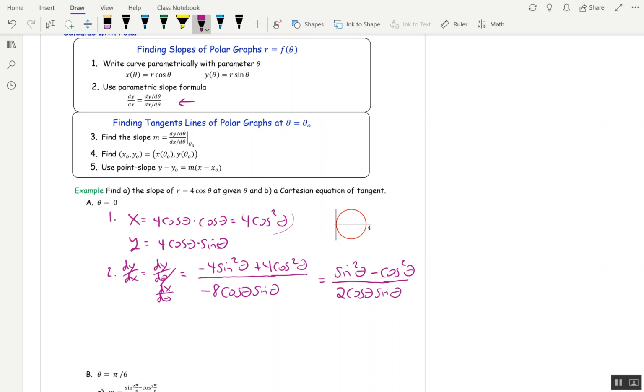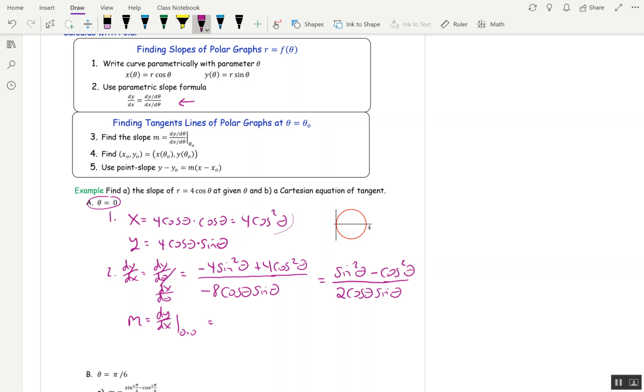If we want a tangent line at theta equals 0, then we're going to need the slope at theta equals 0. So we want dy/dx at theta equals 0. So I put 0 into this slope formula.